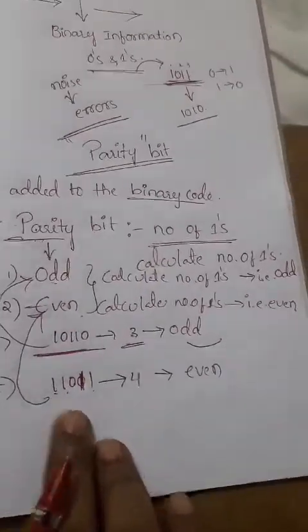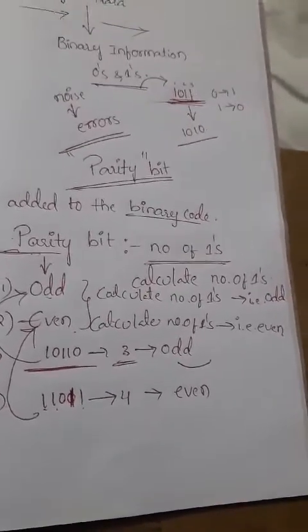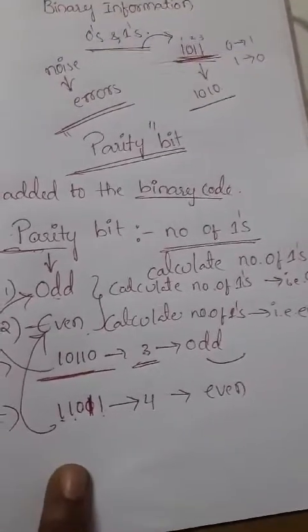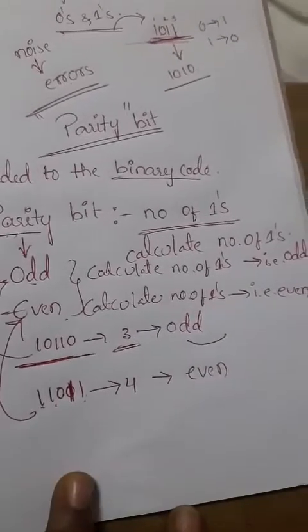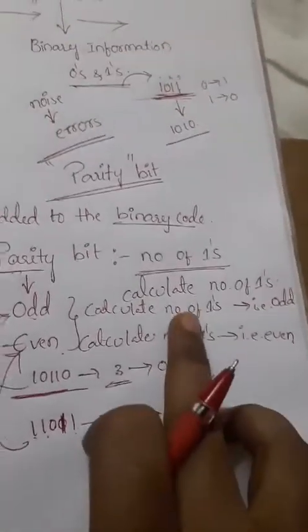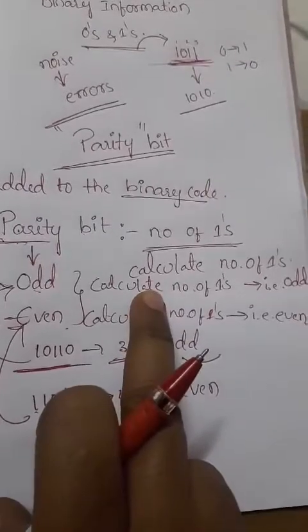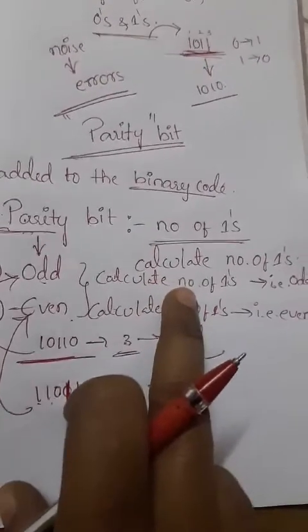Okay, so here we need to discuss what is odd parity and what is even parity. Odd parity is nothing but the code must have an odd number of ones.